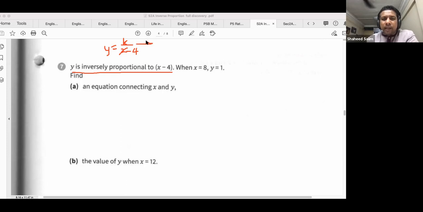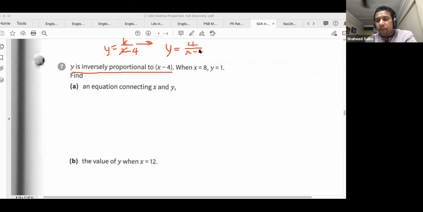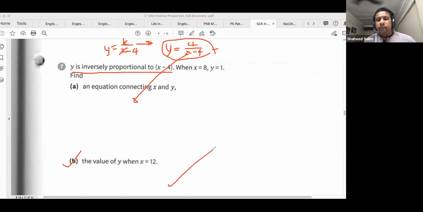Now rewrite this as the formula specific to this question. Y equals 4 over x minus 4. Okay, now this is your answer for A. You have already done A. Try B, please. 0.5. Well done.